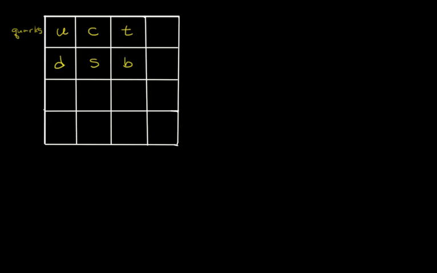There are also things called leptons. Now these are much smaller than the quarks. These are really, really tiny. They include things like electrons, things called muon particles, and tau particles.